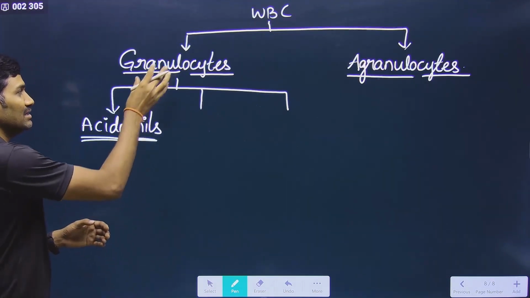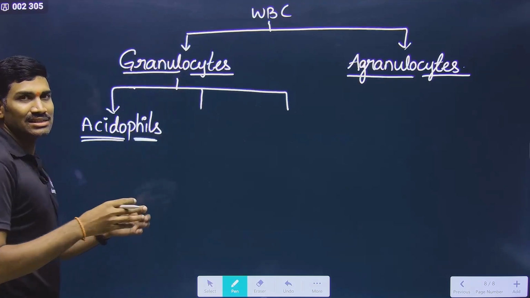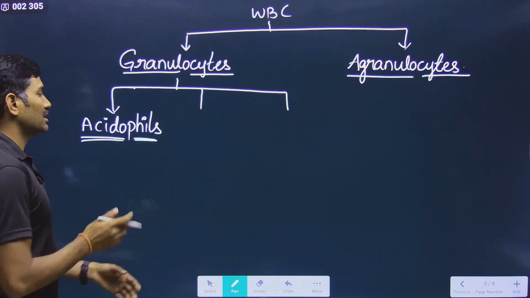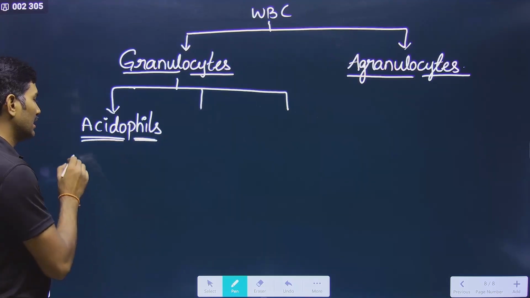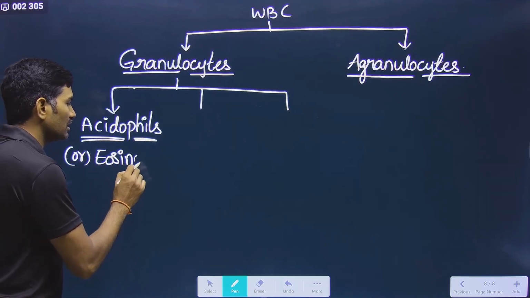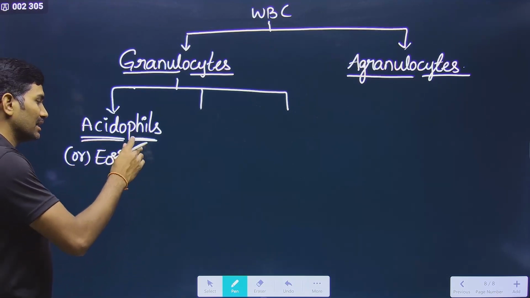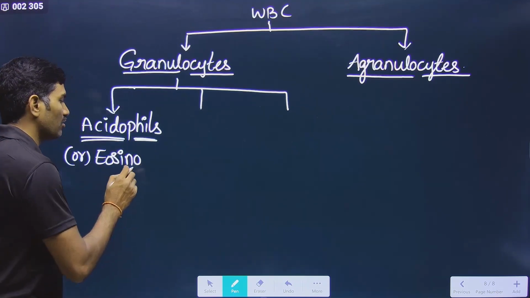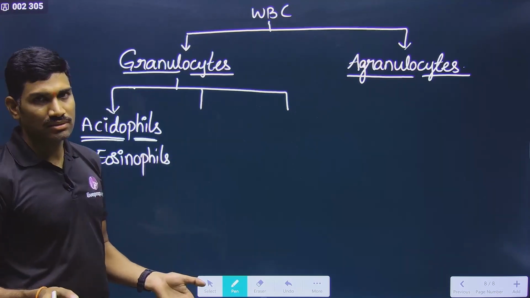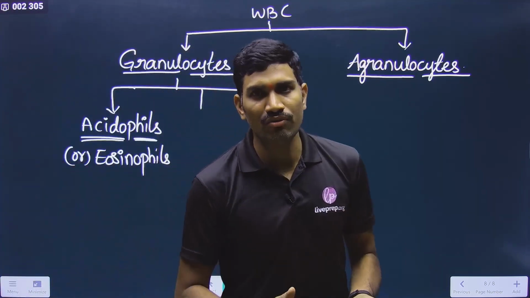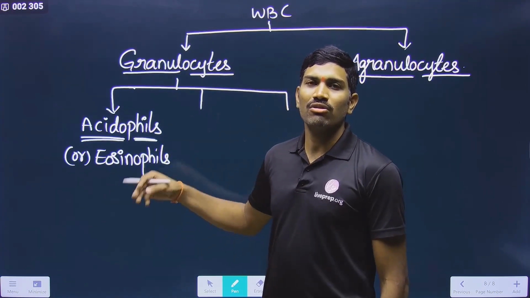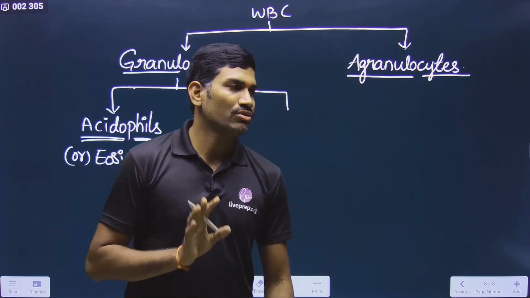That means these granules can easily interact with acidic dyes. They are also called eosinophils. Eosin is a dye, and they can easily bind with eosin. That's why they are called eosinophils.